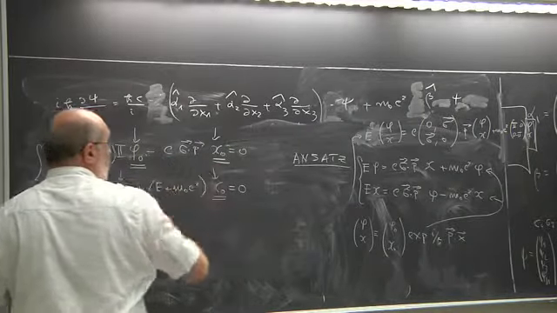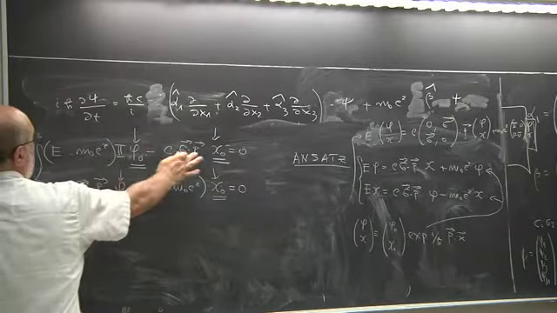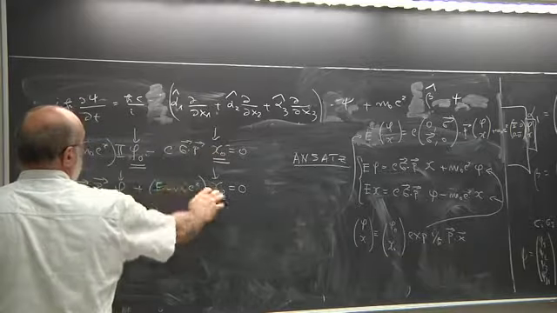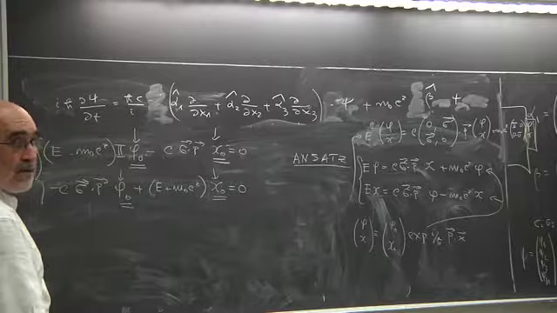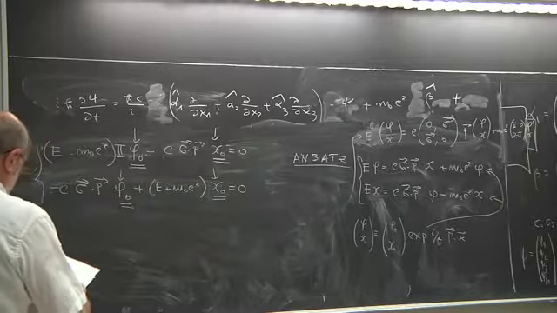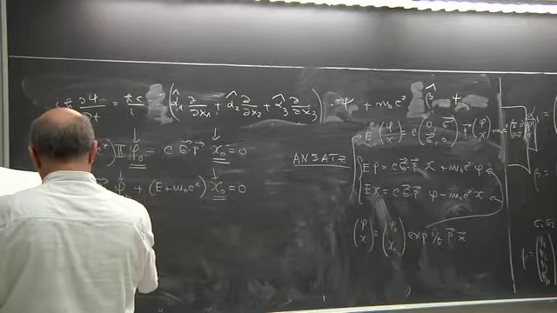When you have two linear equations, these are coefficients, the unknowns are these. This is like x and y, and this equals 0. You know that there is a solution different from 0 only if the determinant is 0. So we have to take the determinant of the coefficients and put it equal to 0.